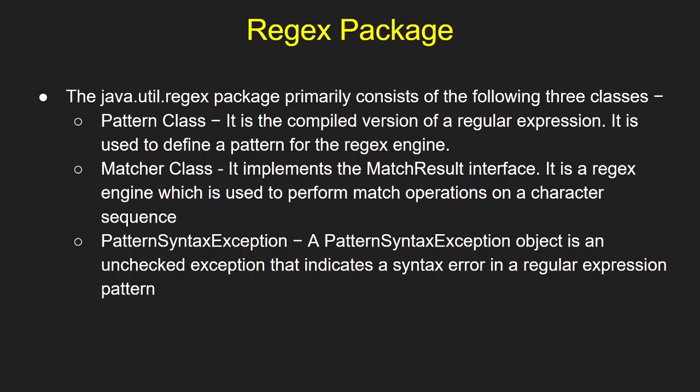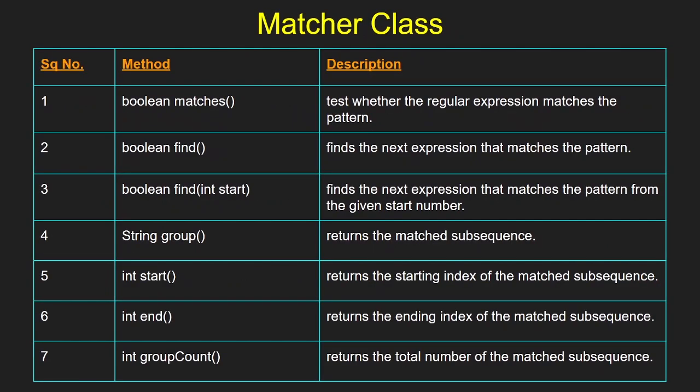First we need to understand what these classes are and what functions we are going to use in these classes. So see this guys, this is the first class, that is the Matcher class, and there are 7 main functions available which we are going to use. You can see these are the methods and this is the return type, that is boolean, and this is the function name, matches.